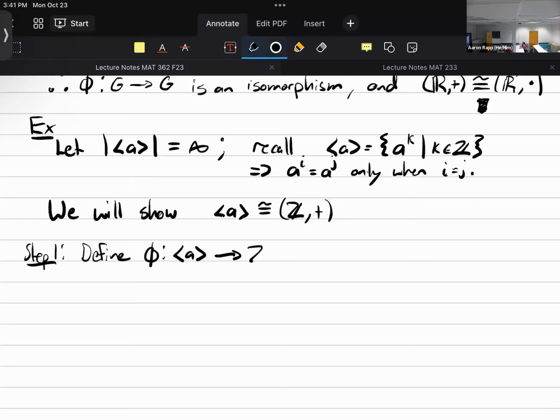We need to define a function that takes elements from the cyclic group generated by A and turns them into integers. And then whatever that mapping is, I want to then show that it's one-to-one and onto and a homomorphism.